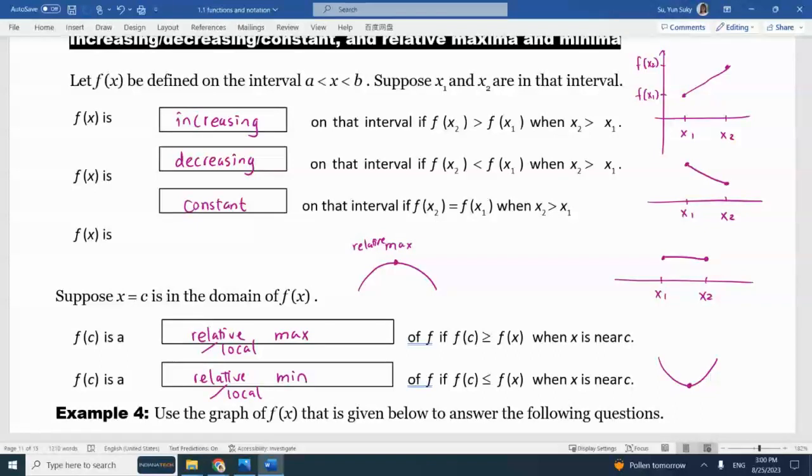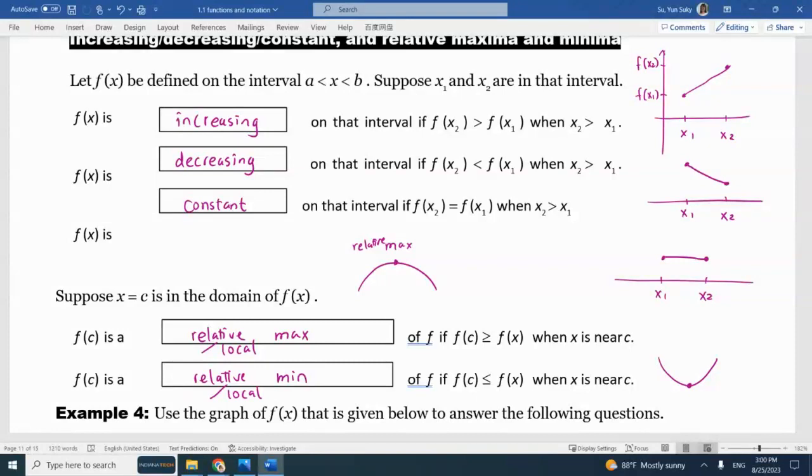This is the local or relative max. This is the relative min. It is the greatest point for the values near it, but it's not the absolute maximum.